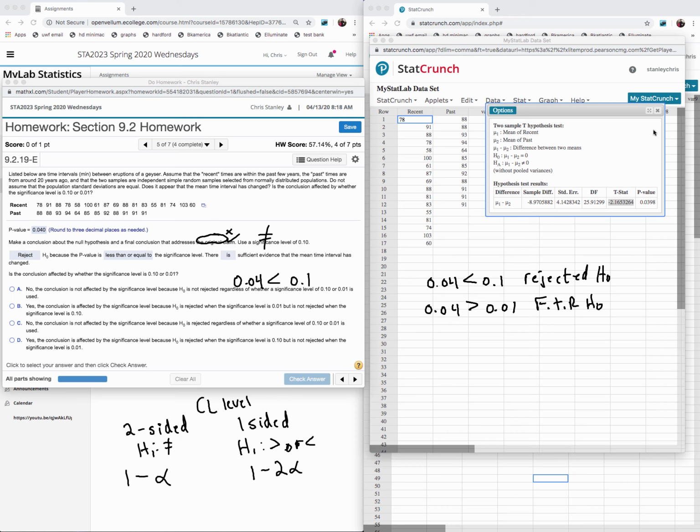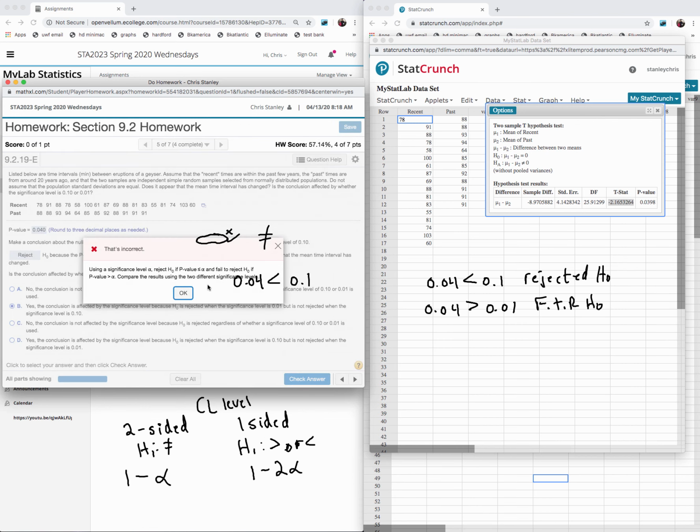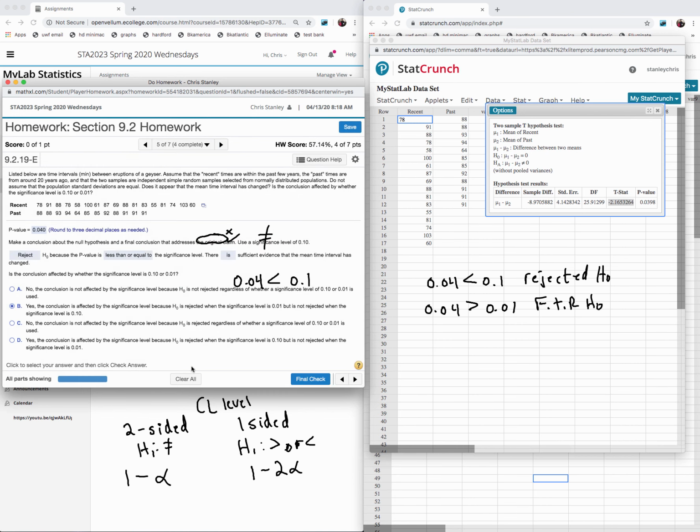If you read through these, it looks like this second one's going to be it. I just read it wrong. H null is rejected when the significance is 10%, which I have right here.